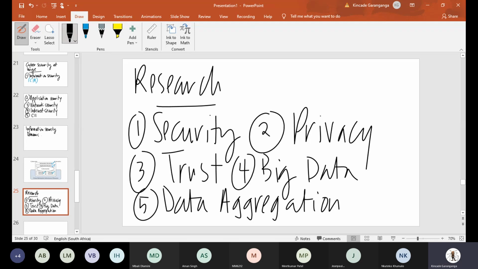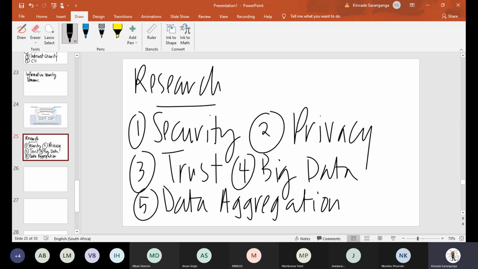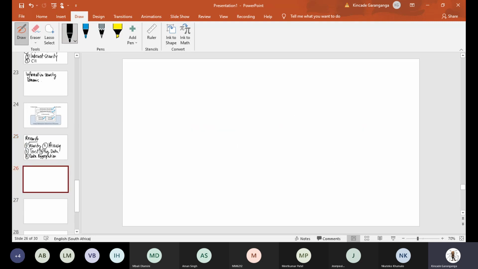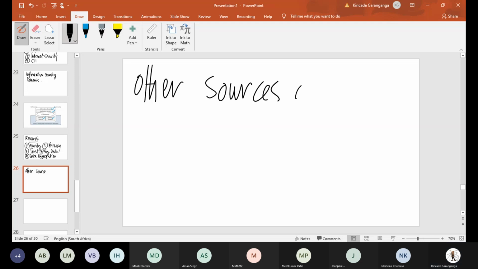And then I think also look at the other examples of sources of data, right? So examples of, I think we listed a few of them. What are the other examples? So here we can just say other sources of data.